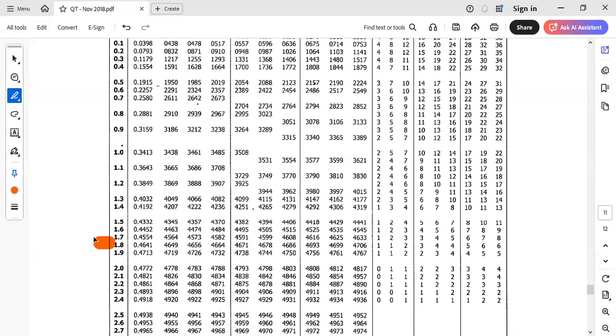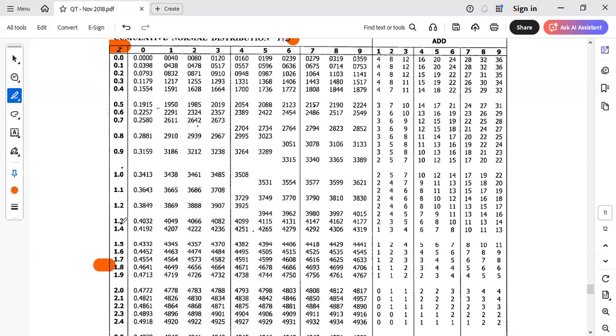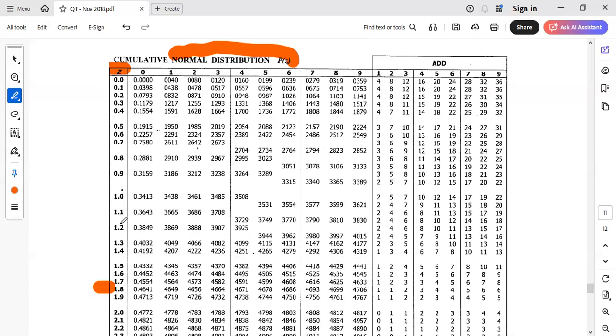The next value is 5. Now this is a column. You will get the 5 from the top values. 5 is here. So read where 1.7 meets 5, and that will be your probability.